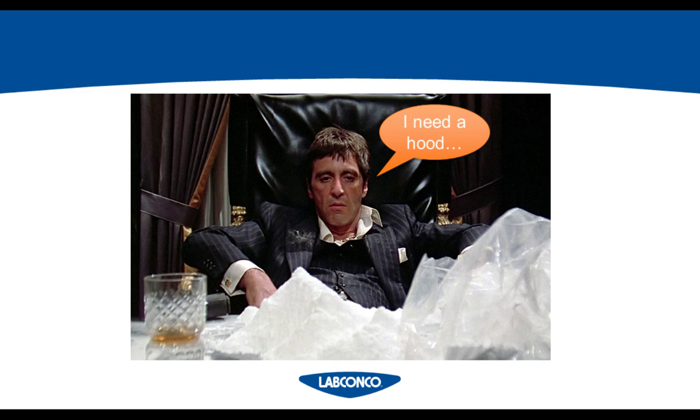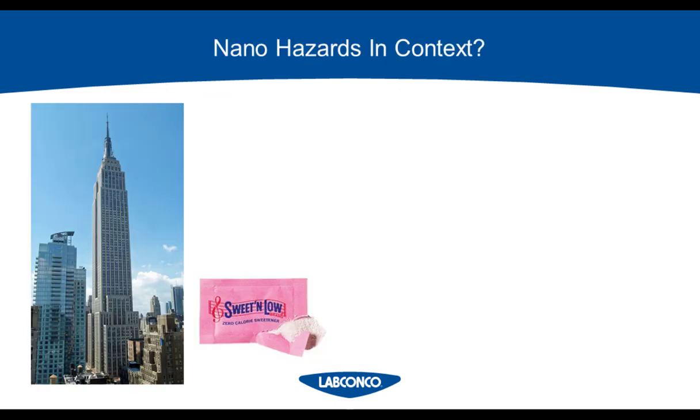Another way to help conceptualize the hazardous nature of particles, whether they're drug particles or nanomaterials, is to look at how potent these items can be to create a toxic effect. So here's a little example that hopefully will help you understand how even a small amount of nanomaterials can be hazardous.